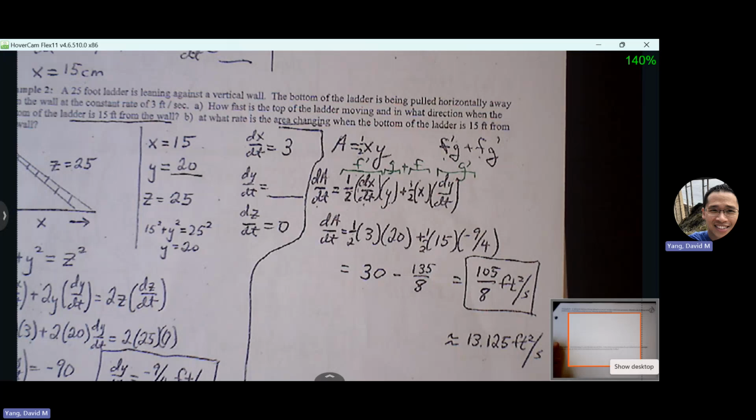So we don't involve dz/dt because the area doesn't require the hypotenuse. So we only need dx/dt, dy/dt, x and y to help us build our variable that we're looking for.